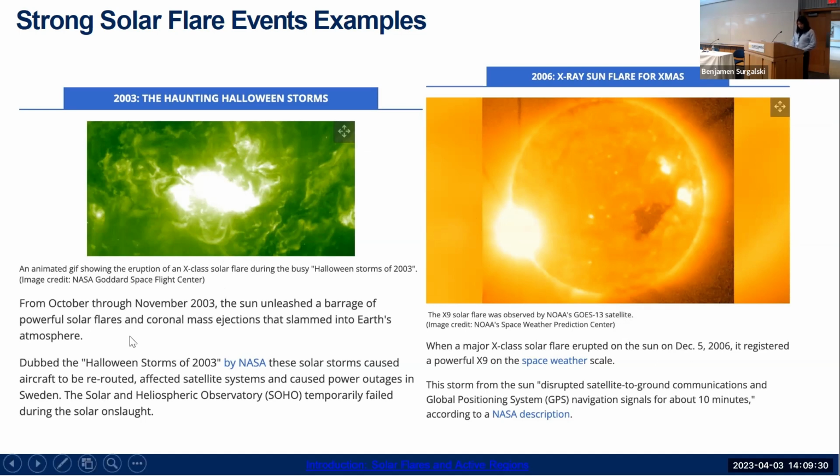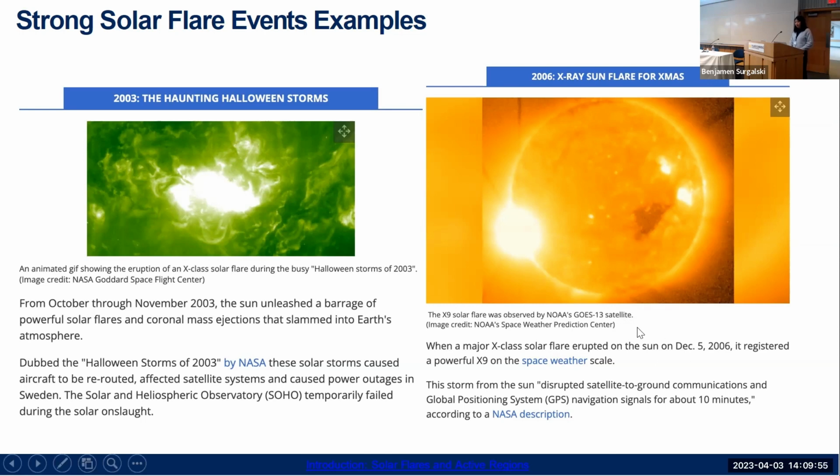This particular event resulted in a sequence of very strong solar flare events and some coronal mass ejections. And during these storms, a lot of aircraft had to be rerouted, and it also affected a lot of the satellite systems and caused a power outage in Sweden. And also a lot of parts of the US were impacted.